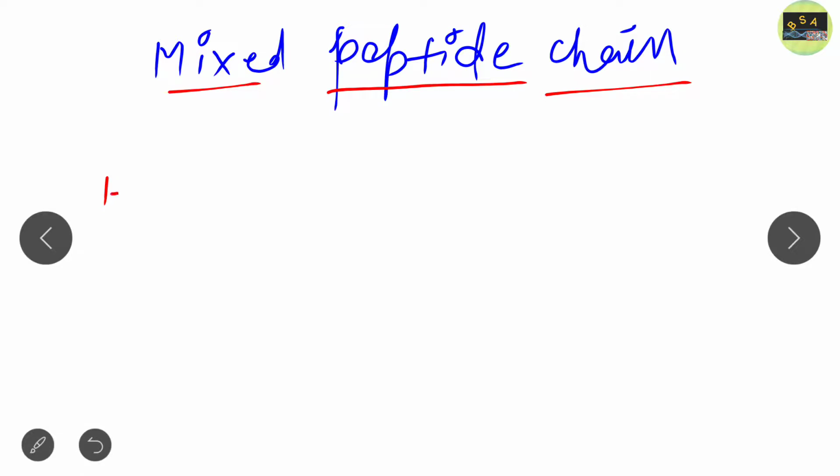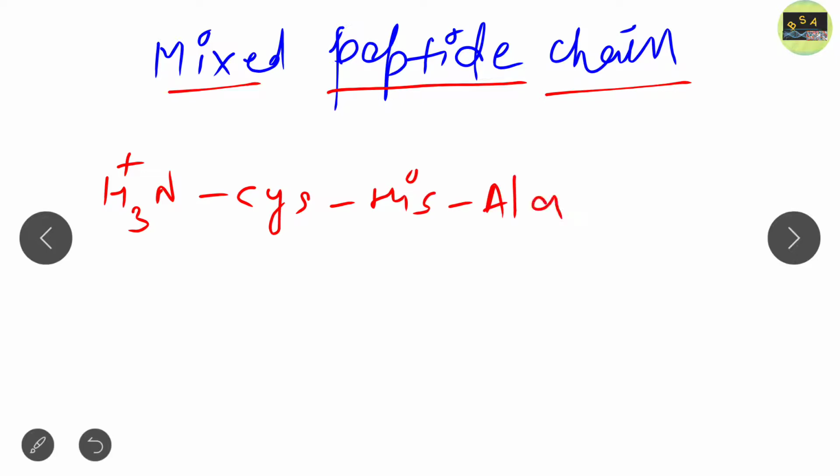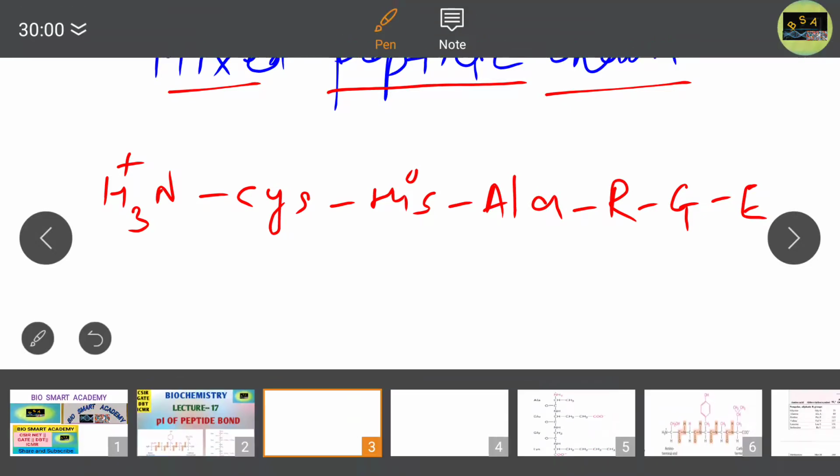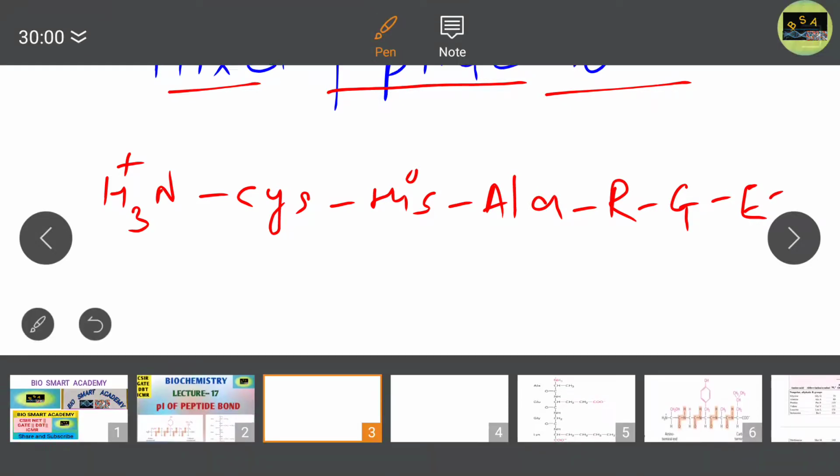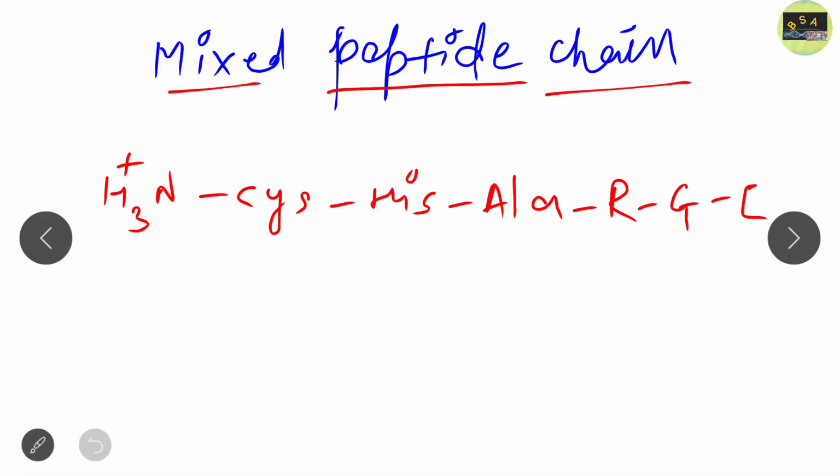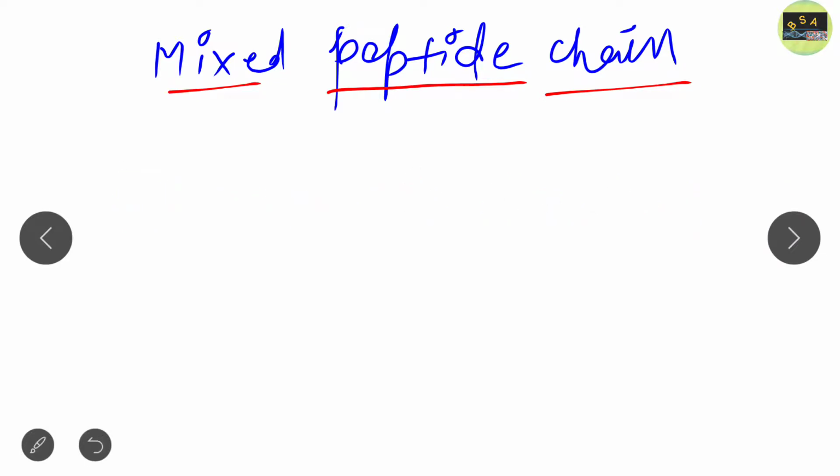So this is the NH3 plus, this is cysteine, this is histidine, this is alanine, this is arginine. Just write down Rg, then glutamic acid, that is E, and this is glycine, that is G. It takes a lot of space. I'm sorry, we have to write a small NH3 plus.